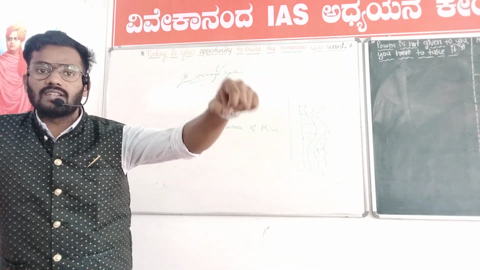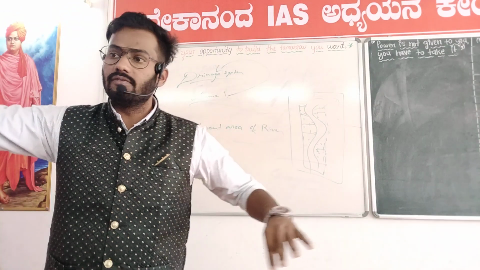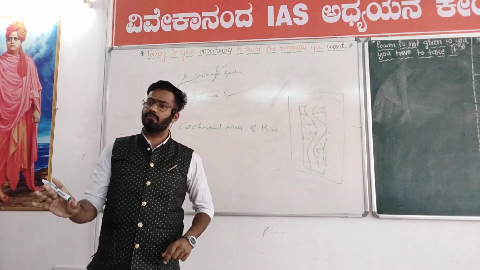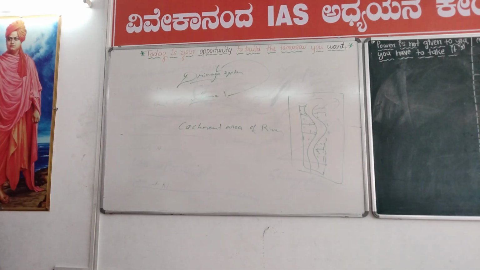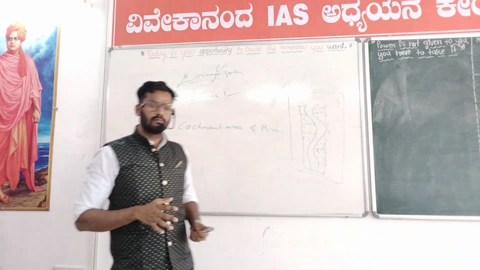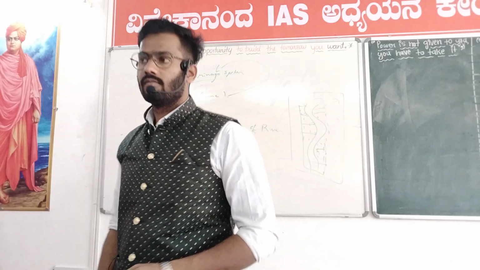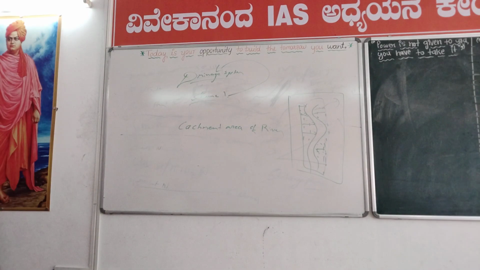From the source where river starts to where it drains, the entire area which was covered by that river is called river basin. It is the largest among all, the total area of the river from the source up to its end, end means discharge, where it drains.